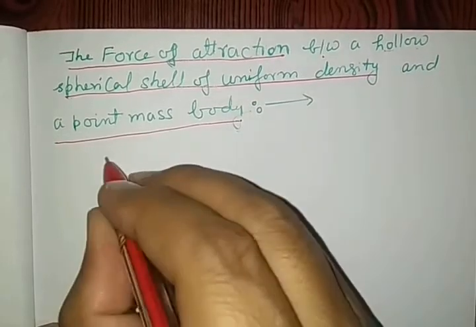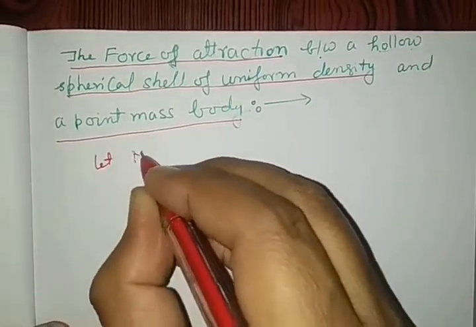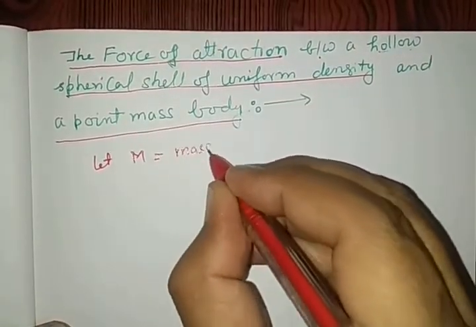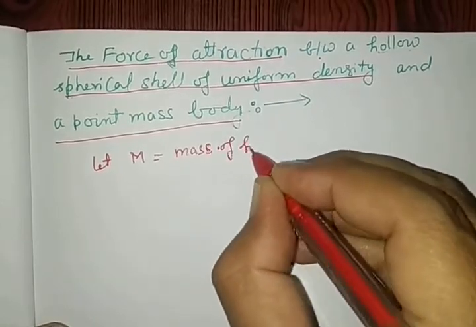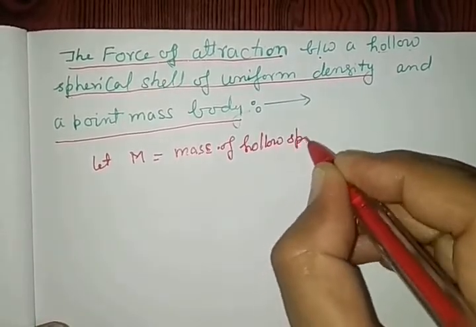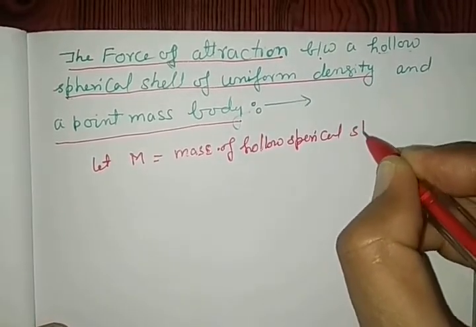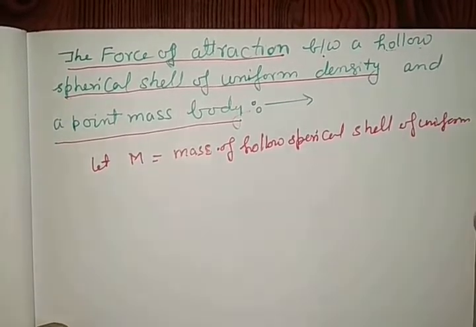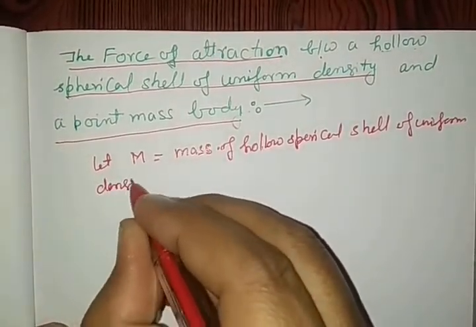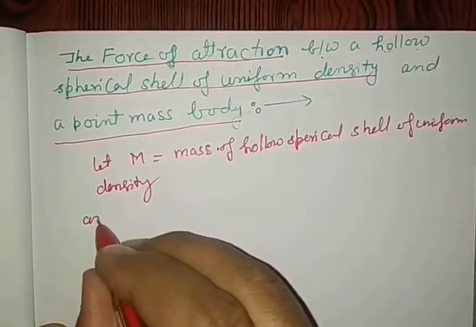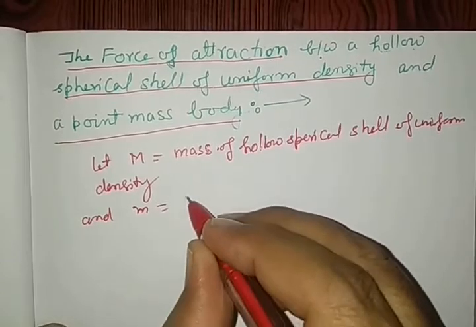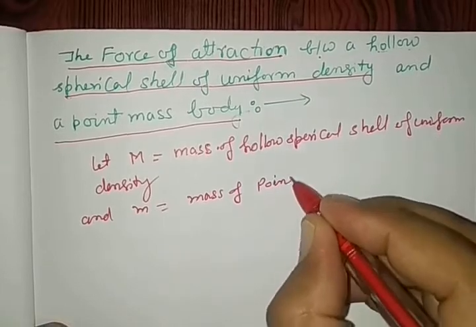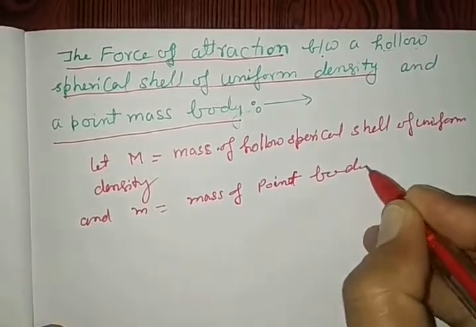So to see that, let capital M denote the mass of the hollow spherical cell of uniform density, and small m denote the mass of the point body.